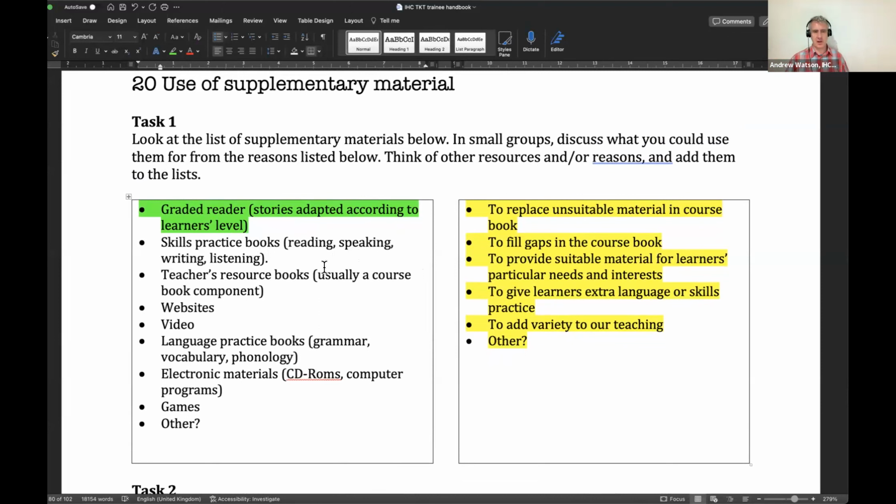All right. So think about the other possible supplementary materials: skills practice books, teachers' resource books, websites, video, language practice books. Here's a language practice book, English Essential Grammar in Use.